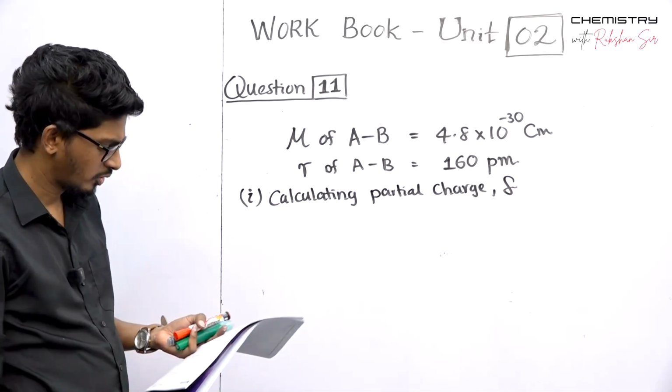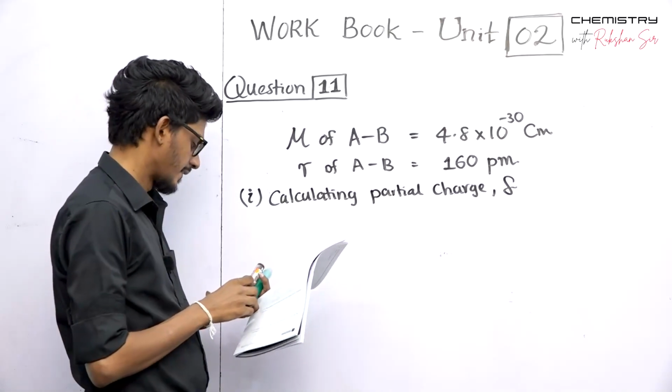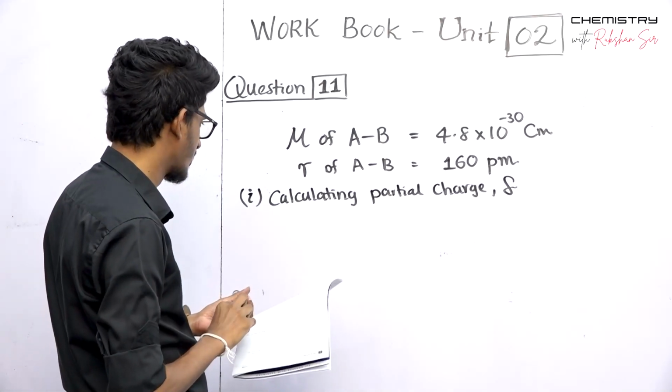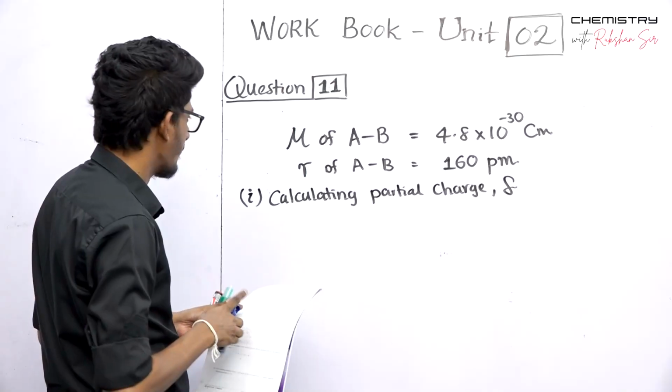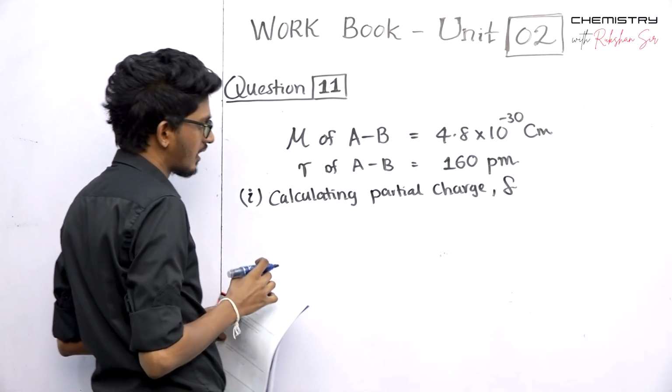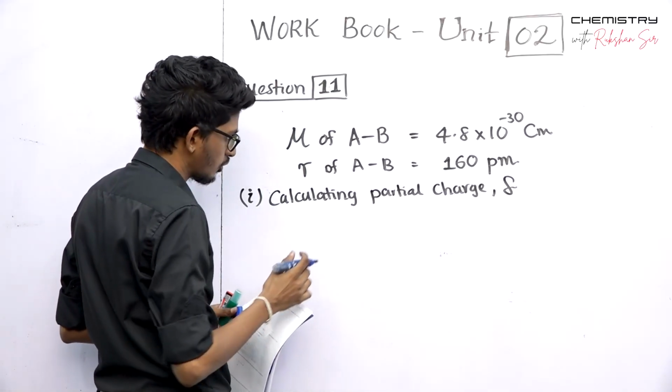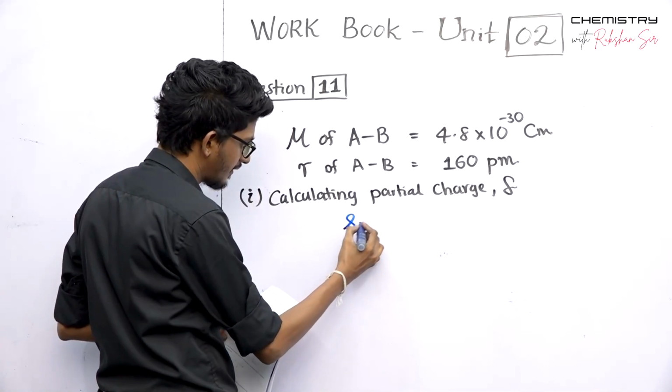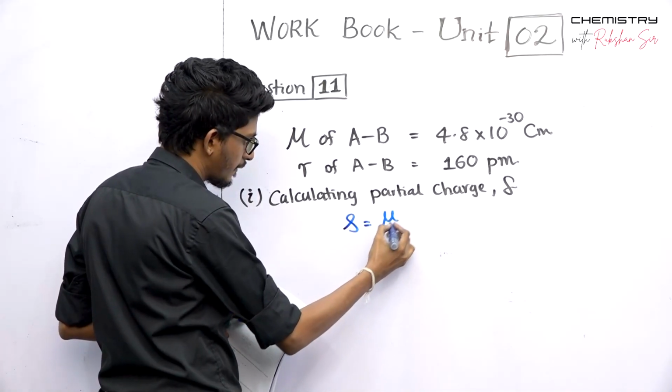So we know from the equation of dipole moment, mu is equal to delta times r. So the partial charge delta is equal to mu over r.